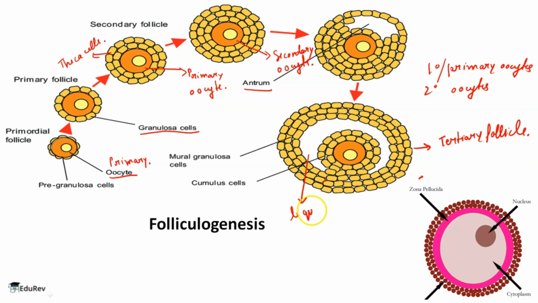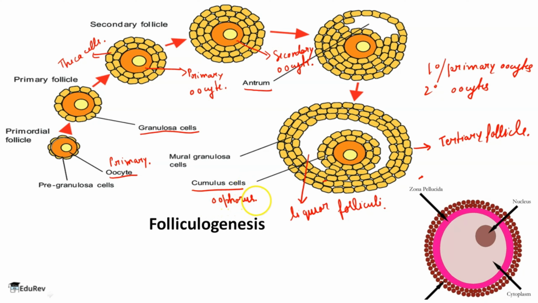What is it called? Liquor folliculi. Right. Cells between the secondary oocyte and the theca layer are granulosa cells, which bind the secondary oocyte to the theca and are known as cumulus oophorus.